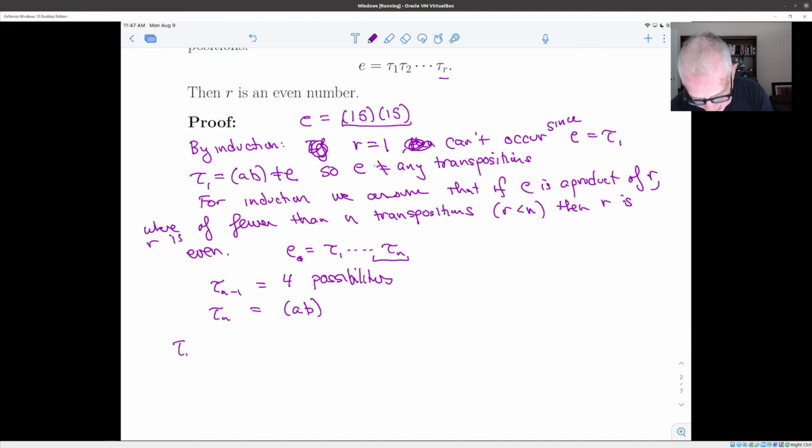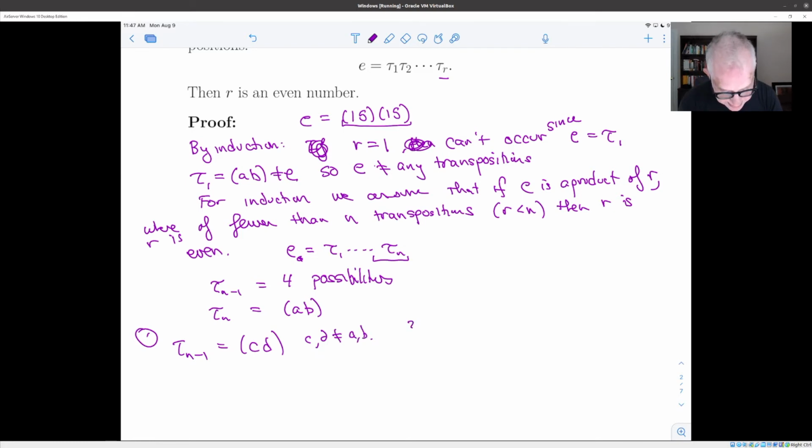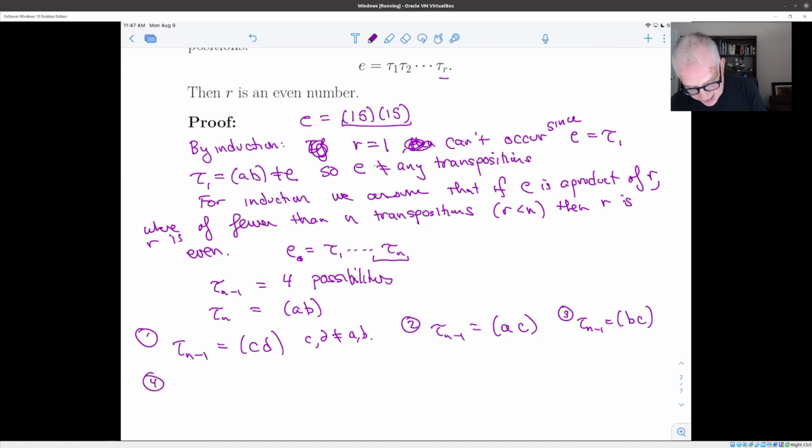Namely, tau n minus 1 is (C D). This is the first possibility, where C and D are different from A and B. Or tau n minus 1 could have an A in it, but not a B. Or it could have a B in it, but not an A. Or it could have both A and B in it.